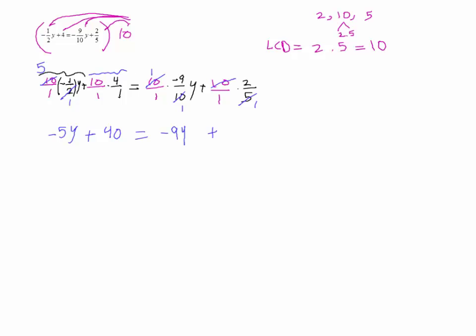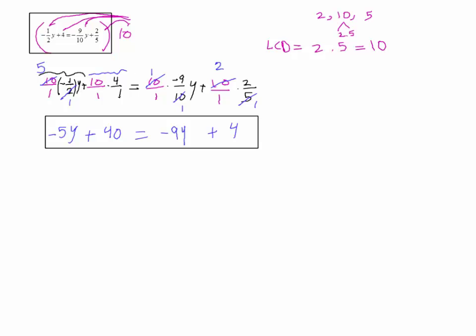What does that become? 4, 2, and then ultimately 4, right? 2 times 2 is equal to 4. So you see how I changed this equation and made it look like a linear equation? Make sense?